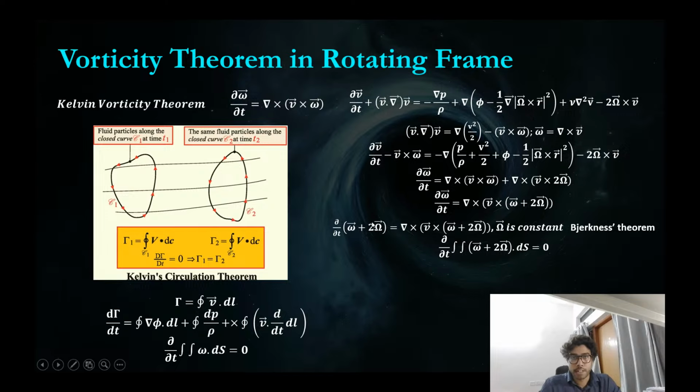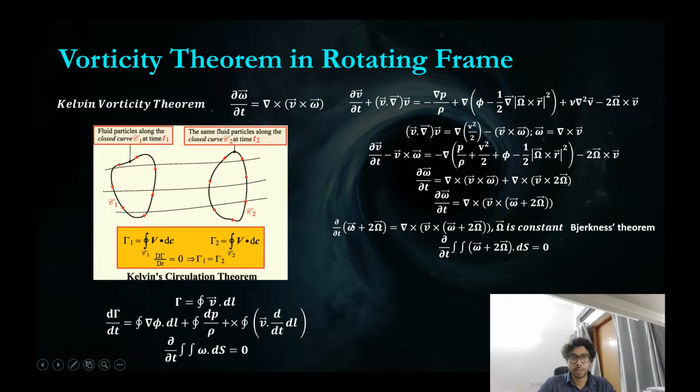And this just states how omega plus 2 omega actually evolves in the system. It states that even if small omega was zero initially, this right hand side is not going to zero because of the presence of this capital omega. That means that even if we have no vorticity in the system initially, this rotating frame will introduce some extra vorticity in the system, and that can grow with time, right?